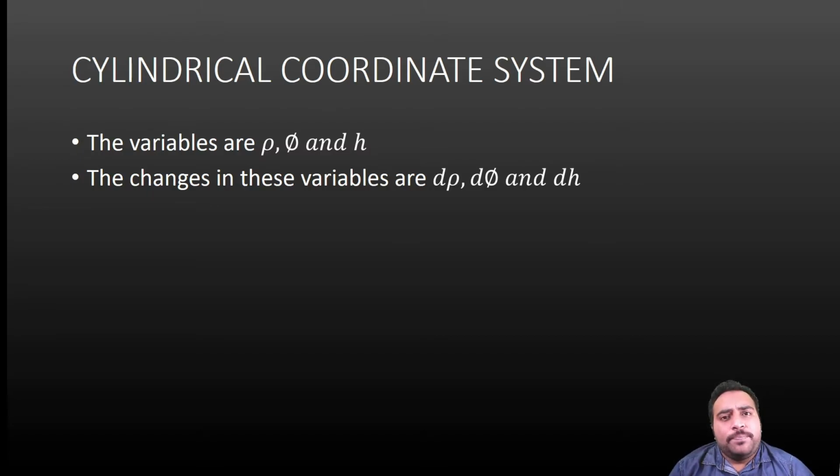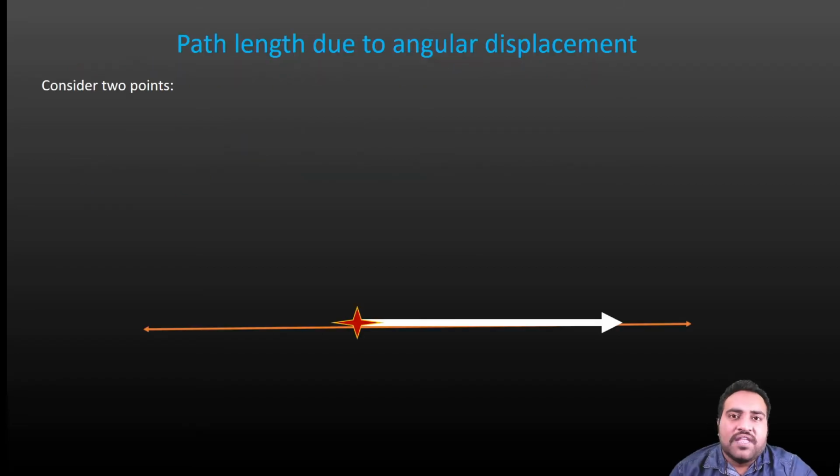Now, what would be the complete differential length element? What would be the differential area elements? And what would be the differential volume element in a cylindrical coordinate system is what we will be seeing now. Before we discuss that, let us look into an interesting topic.